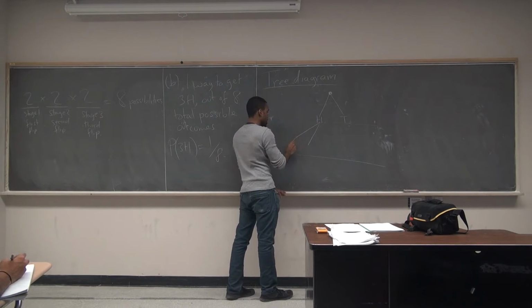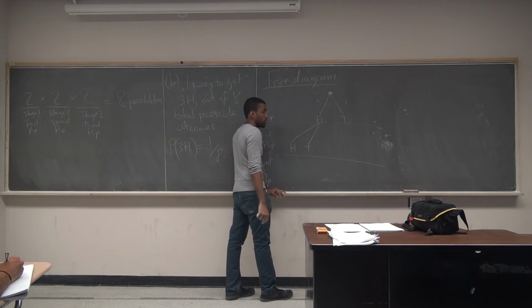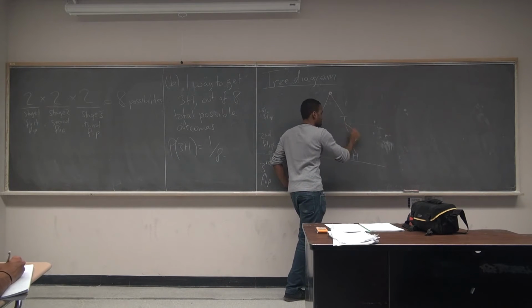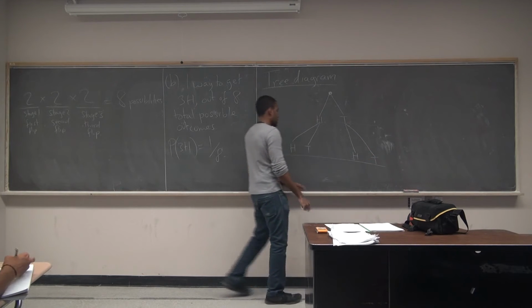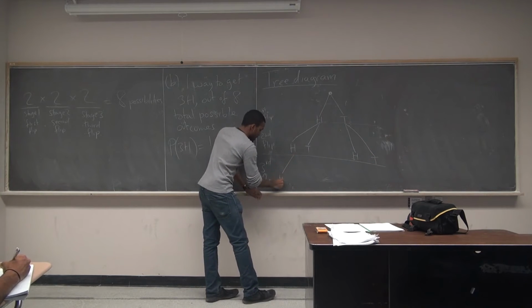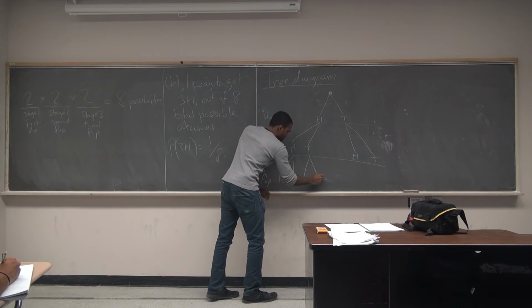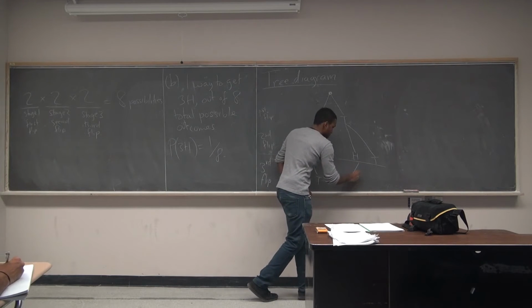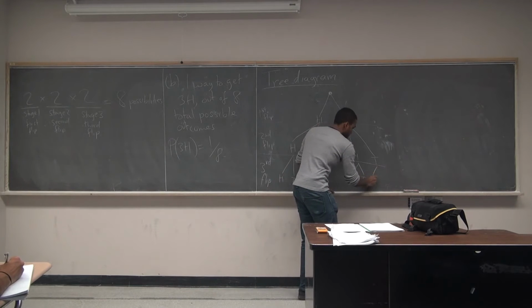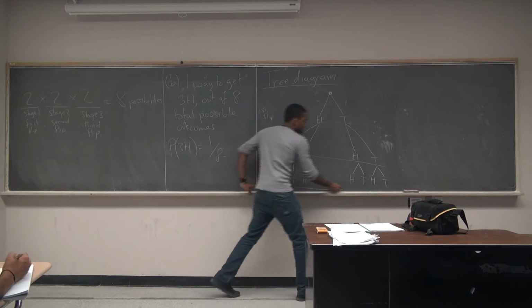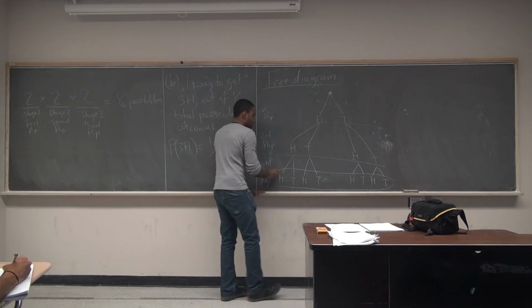And then on the second flip, you can get a head or a tail. Now if you got a head or a tail, you can again branch off into a head or a tail. And then down here, you can get a head or a tail. Here you can get a head or a tail. Here you can get a head or a tail. Here you can get a head or a tail. Now the number of things at the end stage, that's the total number of possibilities.